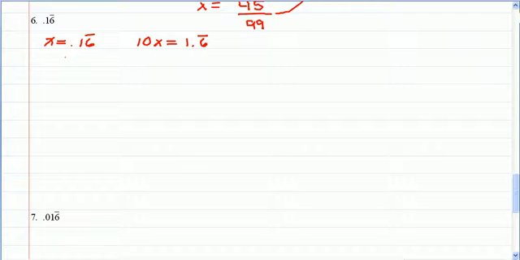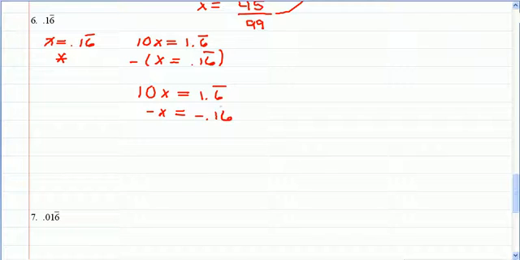And I'm going to subtract this equation. So all of my repeating parts are to the right of the decimal. And I have 10x equals 1.6 repeating, and then minus x equals negative 0.16 repeating.